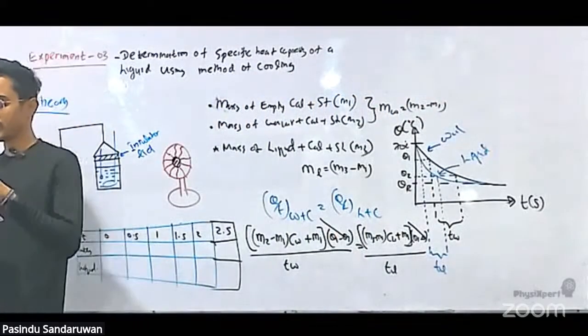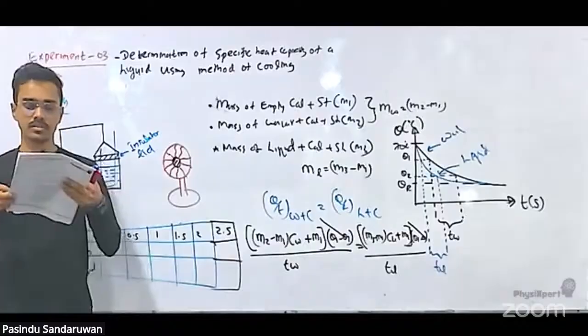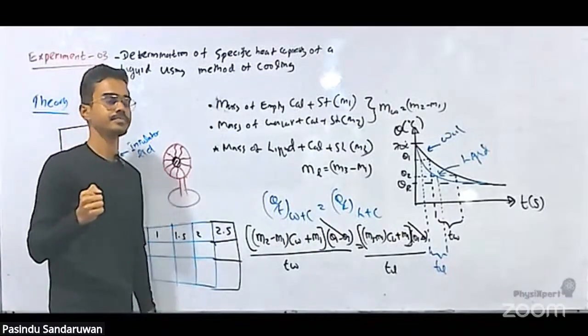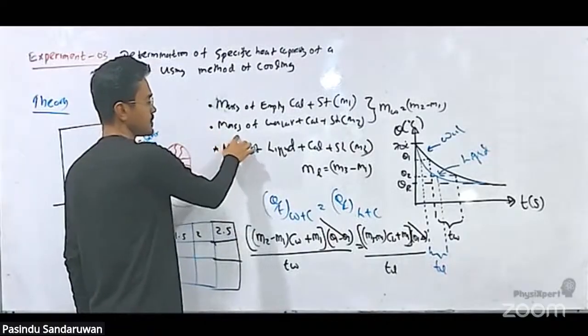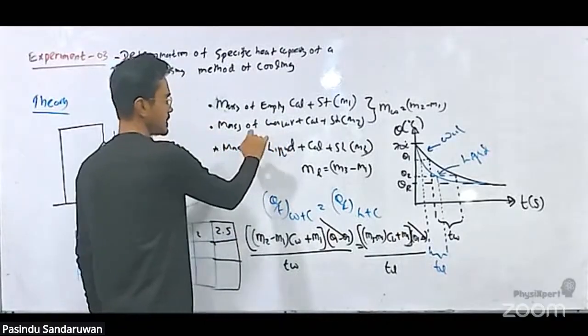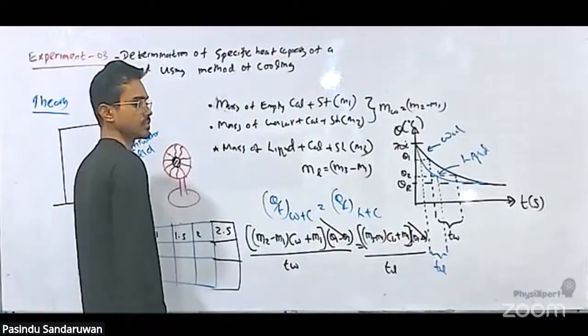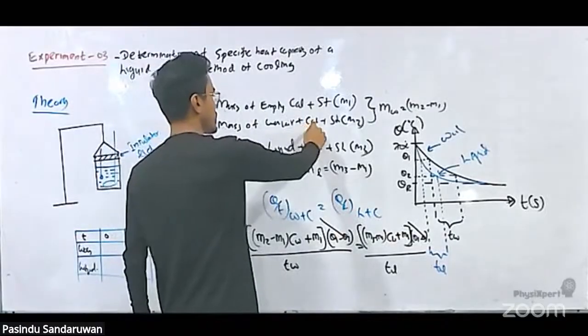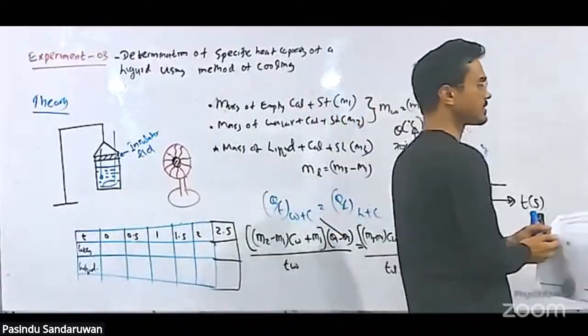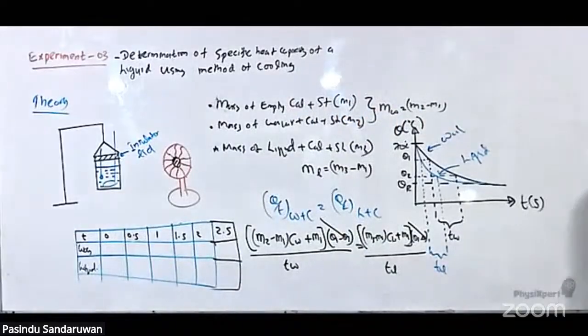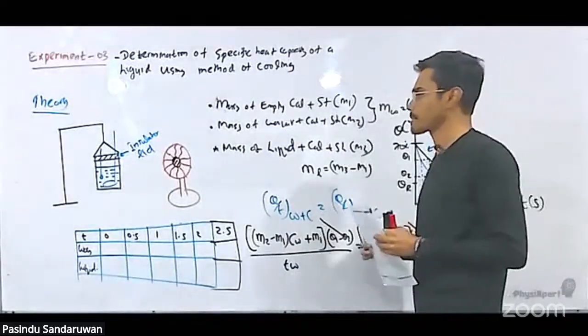Second one, mass of water, comma, calorimeter with stirrer, within brackets M2.